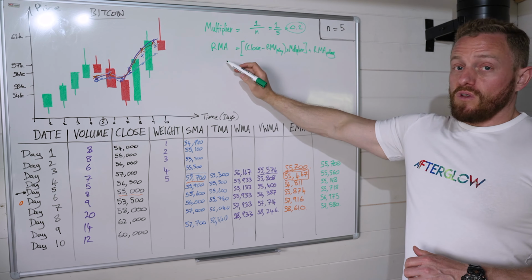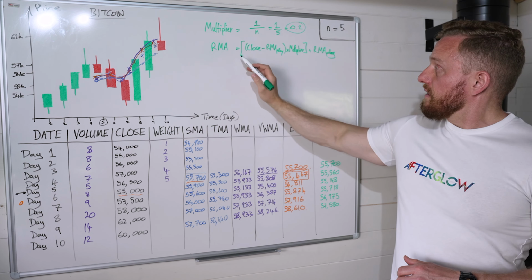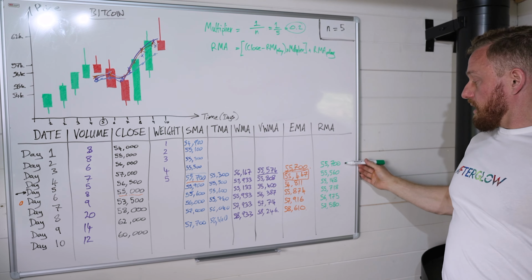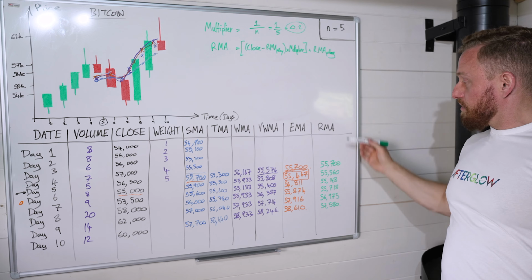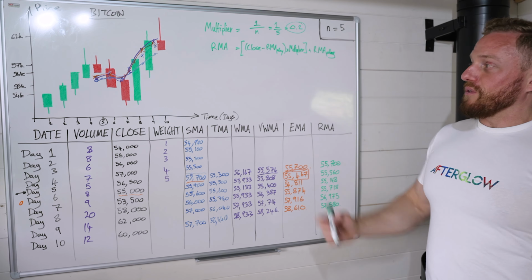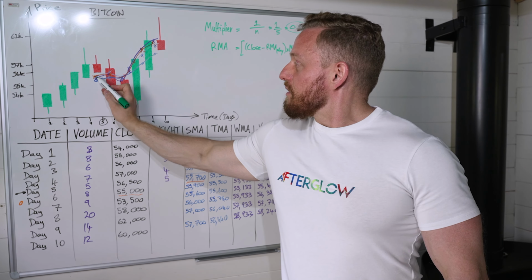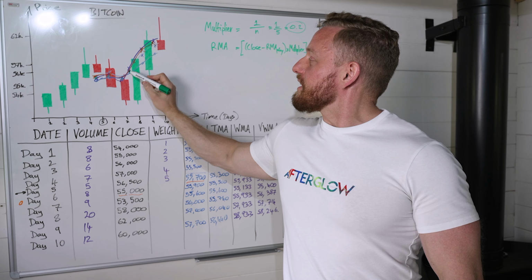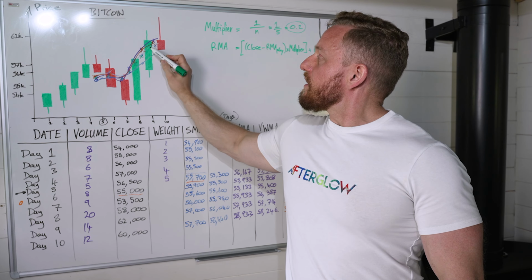If you plug in all the numbers again, using the same formula with the different multiplier, you get these values here for the RMA, which you can then plot on the chart, like so, in the green line. It's starting to get a bit crowded on here now, but you get the idea.